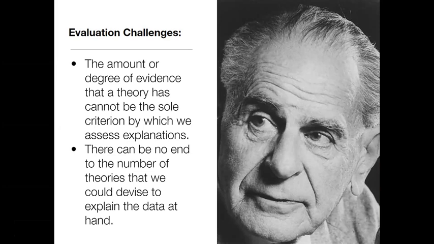So maybe we need something more than just evidence, because it's often easy, Popper would say, to find evidence to confirm your theory, right? Confirmation bias. So it can't be the only criterion. It's certainly an important one, but it can't be the sole criterion, because we can come up with a number of confirming pieces of evidence.